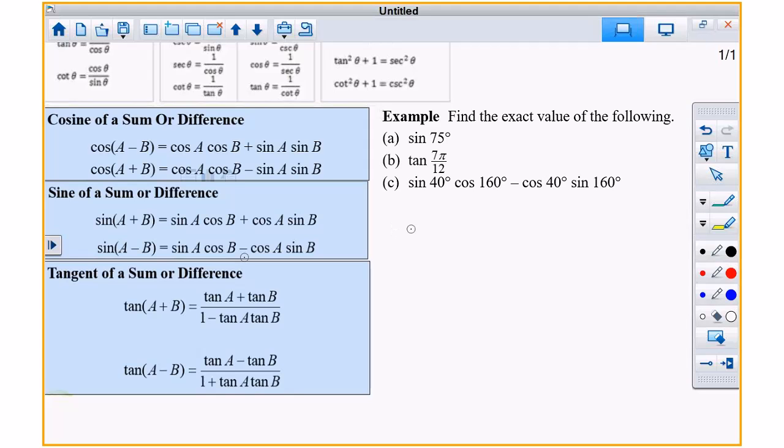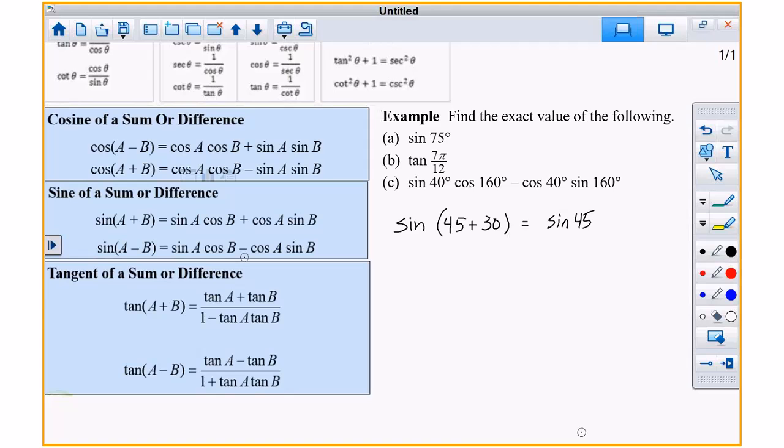All right. Sine of 75 is sine of, we're going to add, so that's going to be sine of what? 45 plus what? 30? So the sine of 45 plus 30. And remember, with the sine, it's opposite.